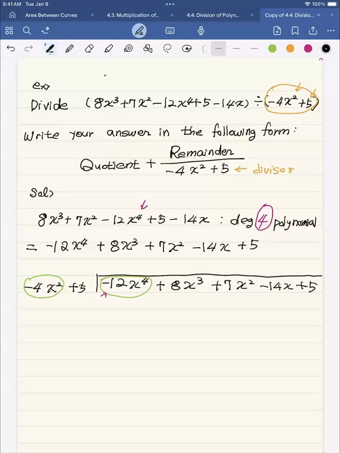Obviously, you have to multiply by 3x squared, then negative 4 times 3 will make negative 12, and x squared times x squared will make x to the fourth power.